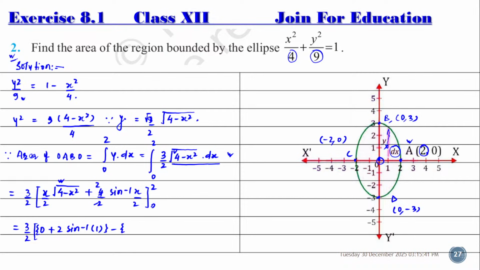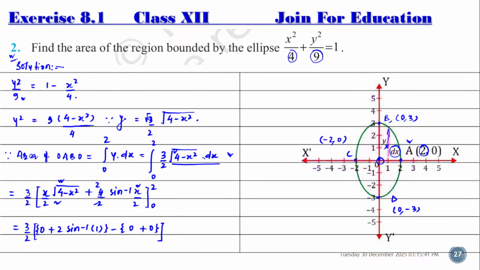now putting the value of x equal to 0, then this part will be 0, so we write down here 0, and the value of sine inverse 0 is 0, so this part will be also 0, so we write down here plus 0.